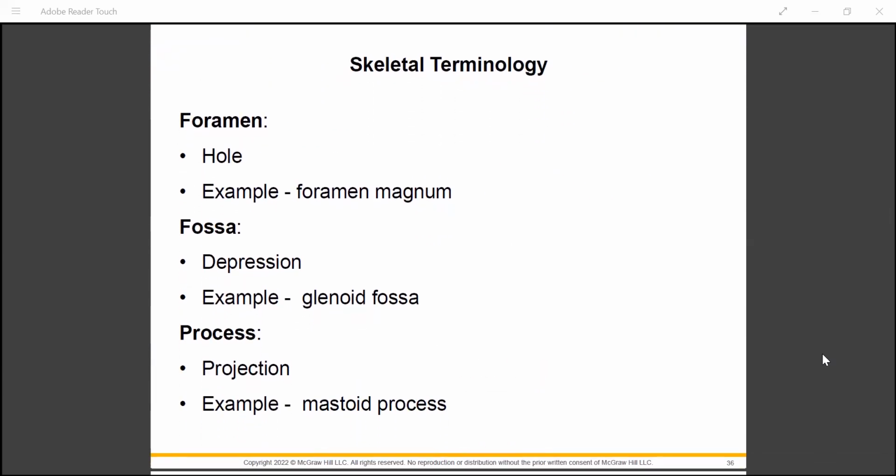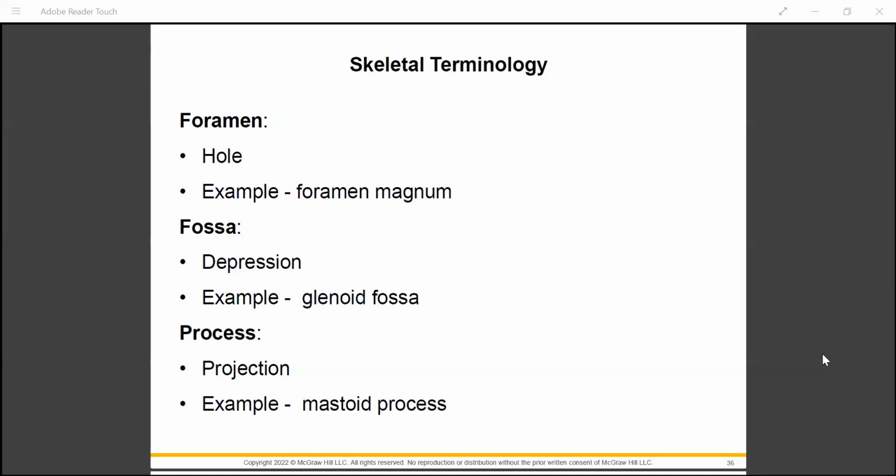So your skeletal terminology, this you should make sure you know. You don't necessarily need to memorize the examples, but that's a good way to reinforce the definition. You should at least know what the term and definition mean. A foramen is going to be a hole.